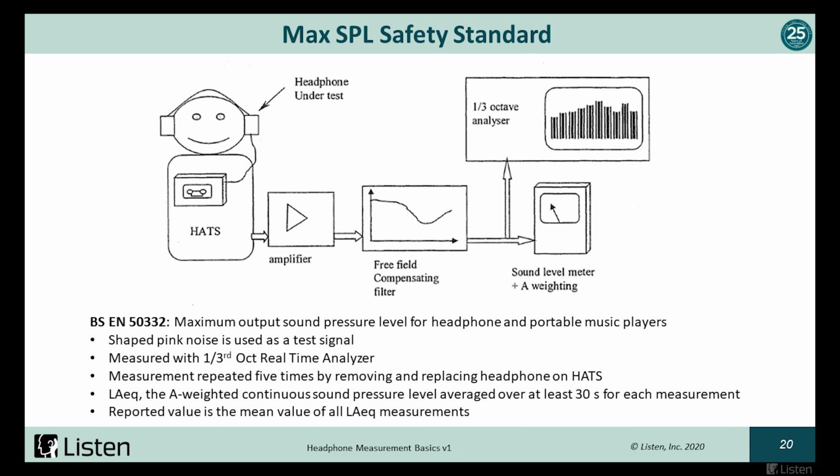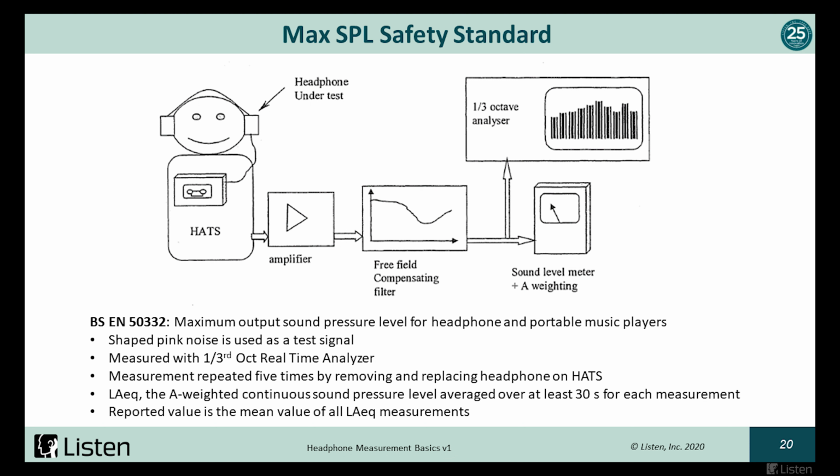So maybe it's from the 80s. I can't remember now. So basically, you notice it has a free field compensation filter, a free field correction curve. Probably they should have used the diffuse field correction curve, but that's what it is. And what they do is they use shaped pink noise that's supposed to be more like music. I think pink noise would be good enough personally.